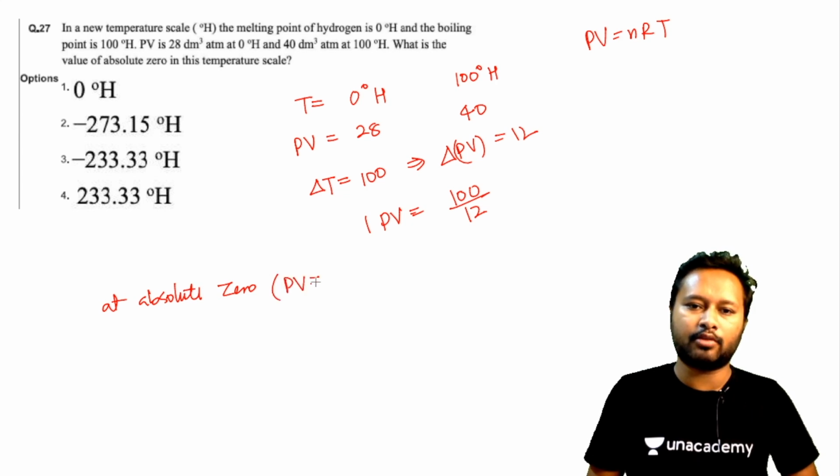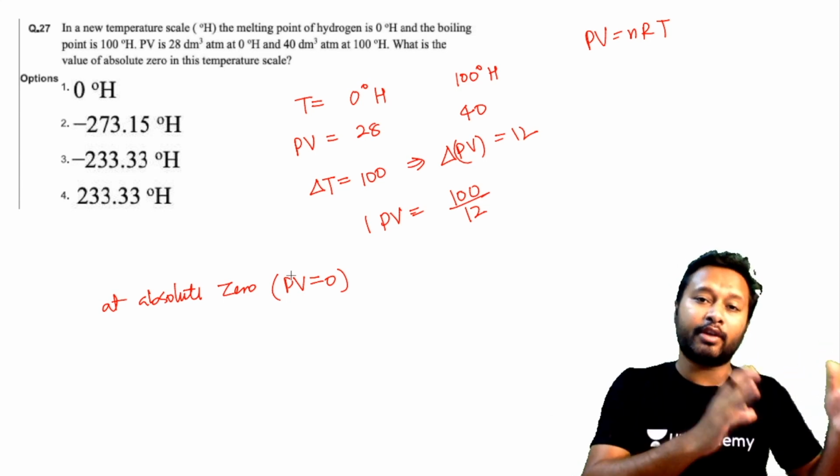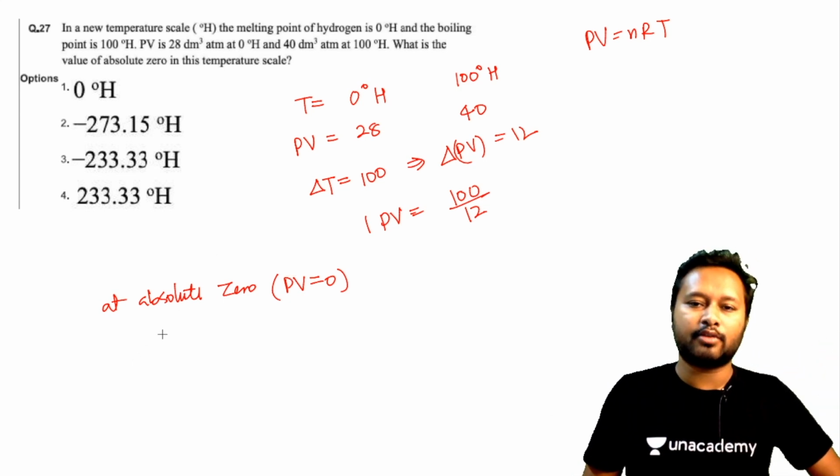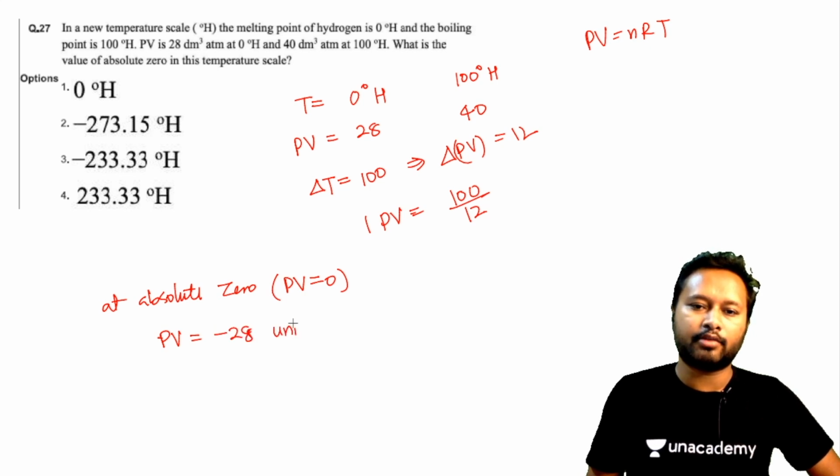My PV should also be 0. And in order to make PV 0, I need to change 28 units in PV. So I need to make the change in PV equal to minus 28 units. The unit is decimeter cube ATM.